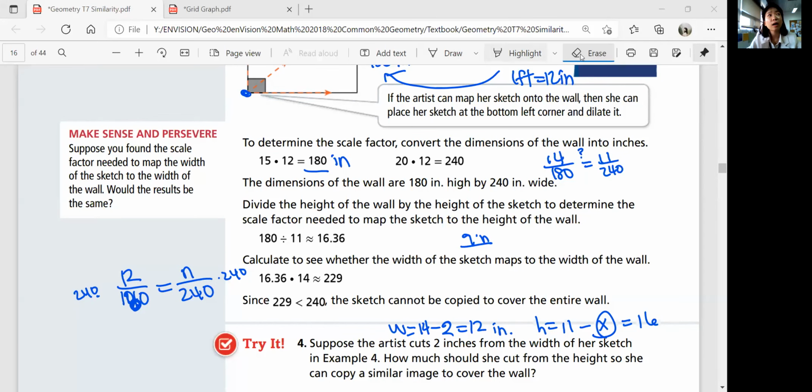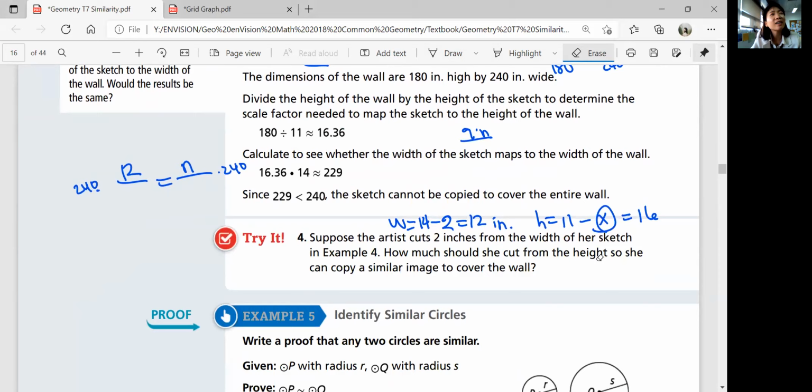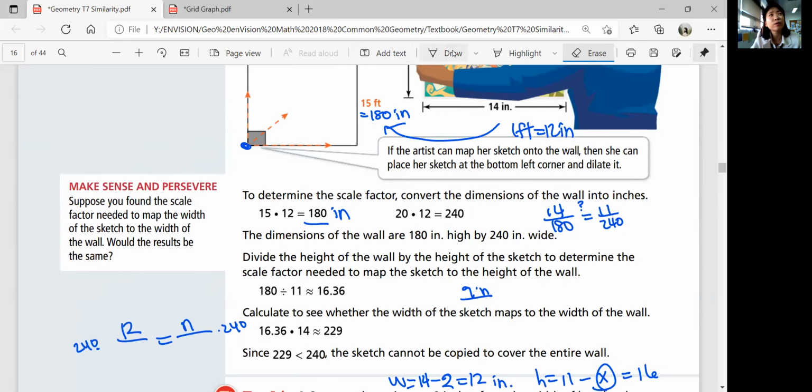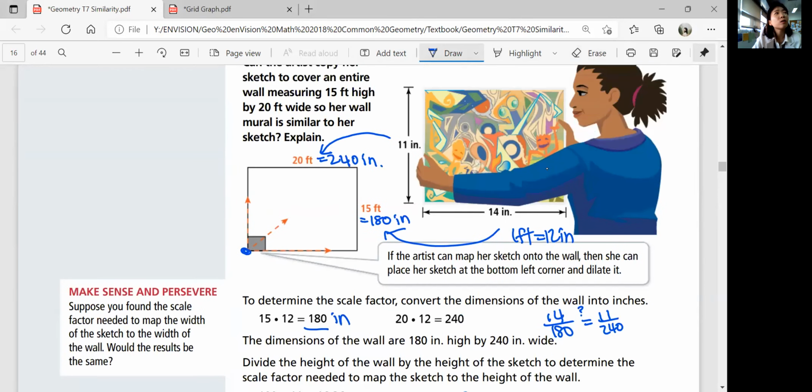Okay, so I made a mistake here. So scratch everything except this part. I switched the height and the width; the wording is a little bit confusing. So this is the height. That is the width.